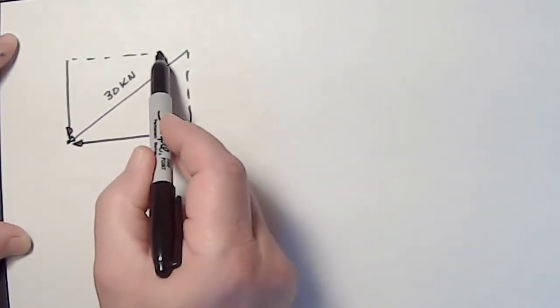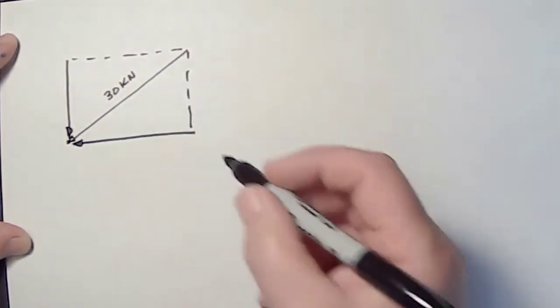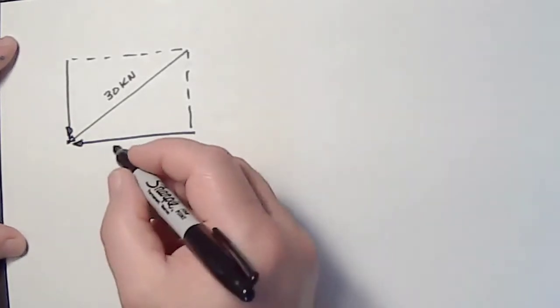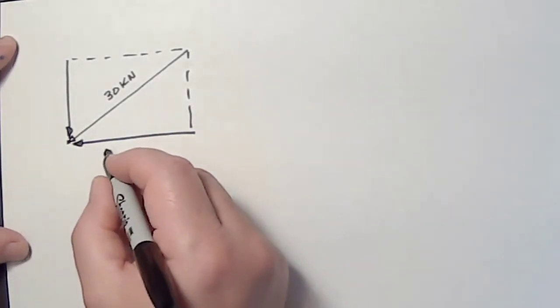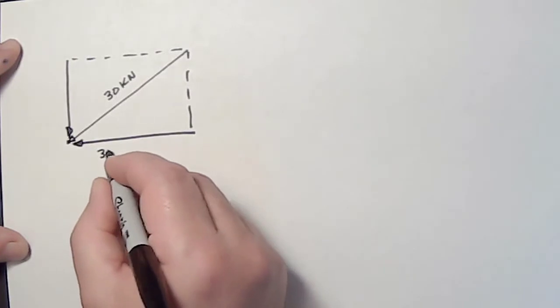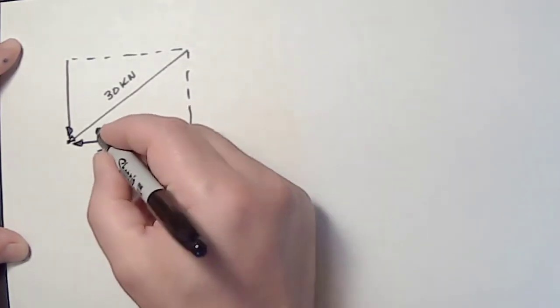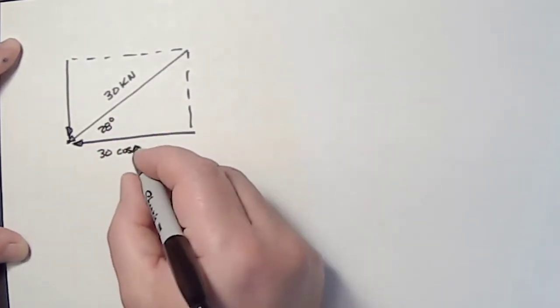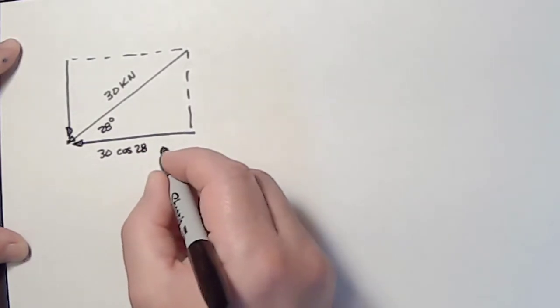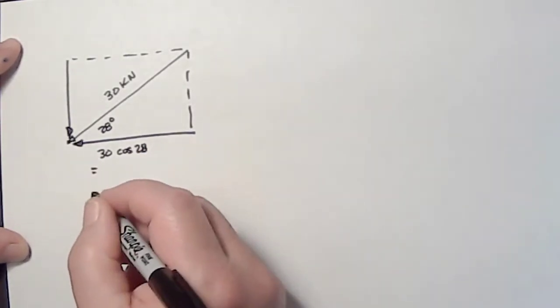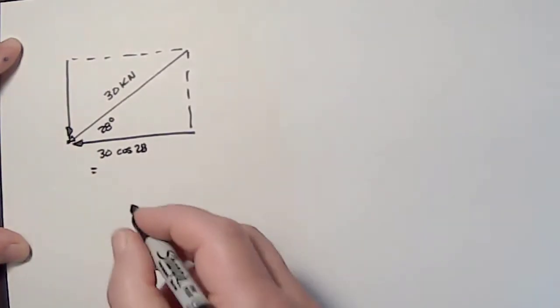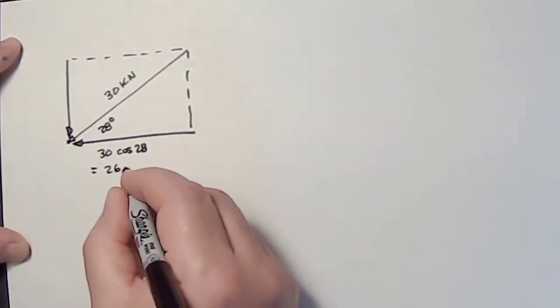Once again, we have a right triangle. 30 kilonewton is the hypotenuse, so the adjacent side is 30 times the cosine of 28 degrees, and that equals 26.488 kilonewtons.